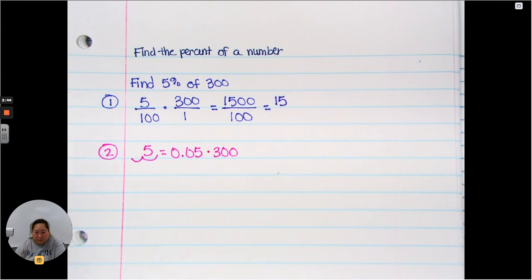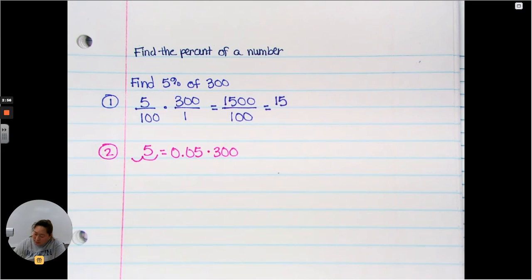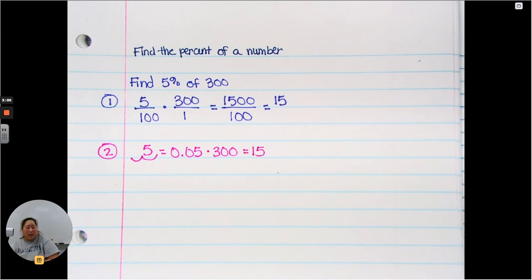So on your calculator, handy dandy nifty calculator, 0.05 times 300. Oh look, it gives us 15. So again, it's going to equal 15. So it's the same answer. This is just 2 different ways to find it. So it depends on how they want you to do this.